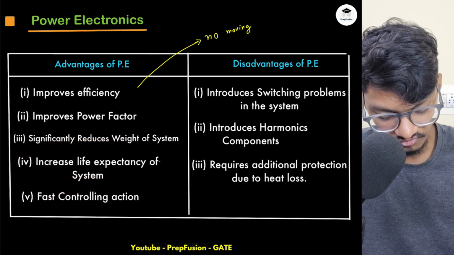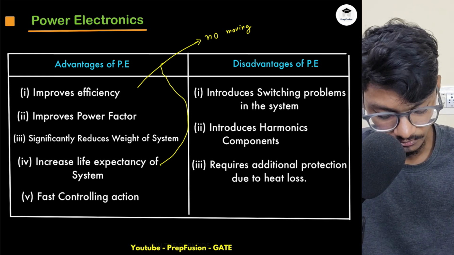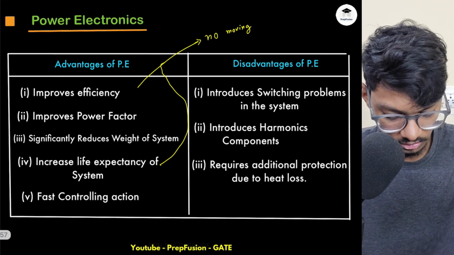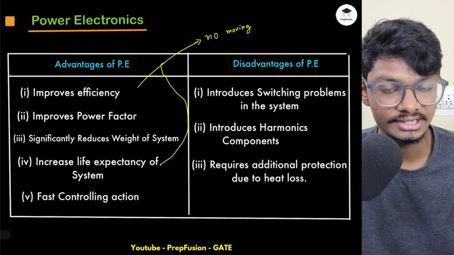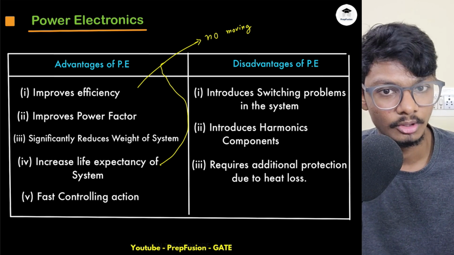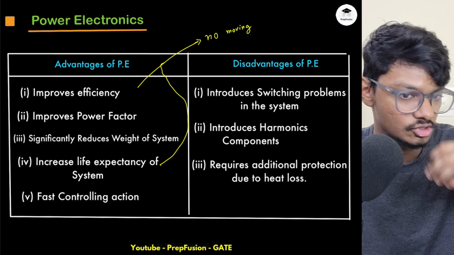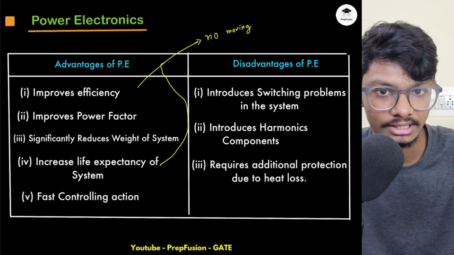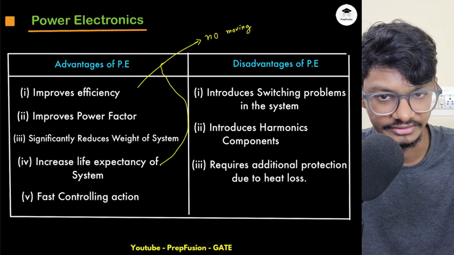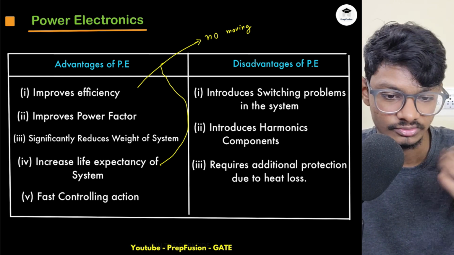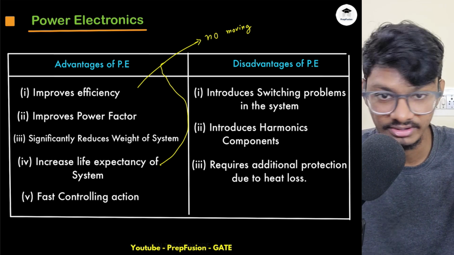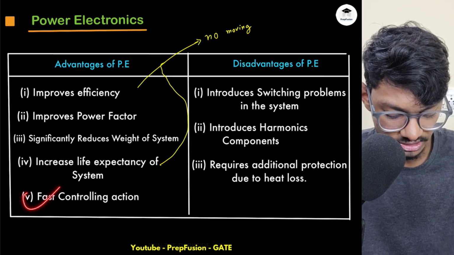And why is there fast controlling action? Because we are using electronic devices, and electronic devices are very, very fast. If you had used a mechanical or physical device, that would have been difficult. But electronic devices are very fast, and also they don't have any moving parts. That's why the controlling action is always fast.